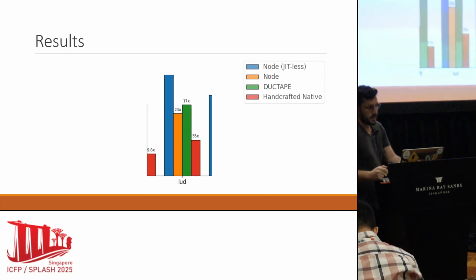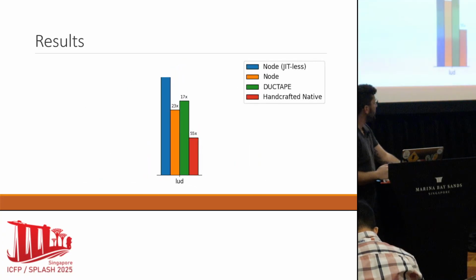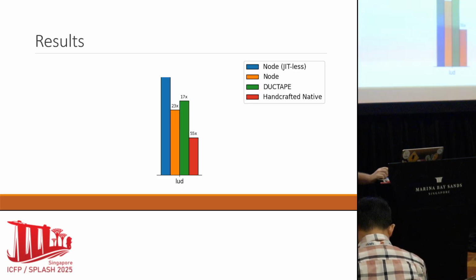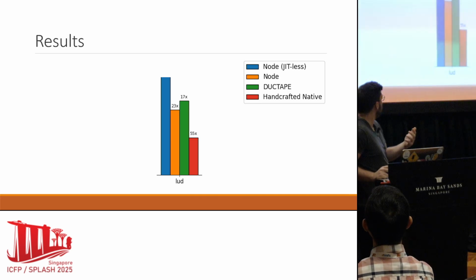So here in this graph, we see the leftmost bar is the baseline interpreted non-jitted execution. After that, the orange one is execution with a JIT compiler.